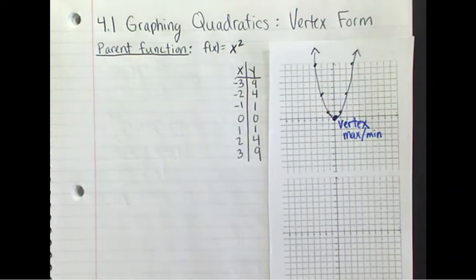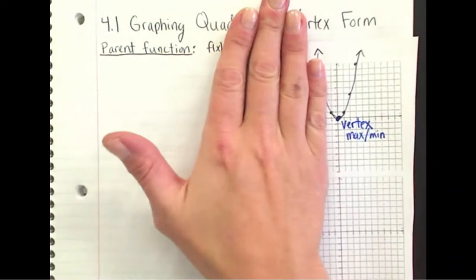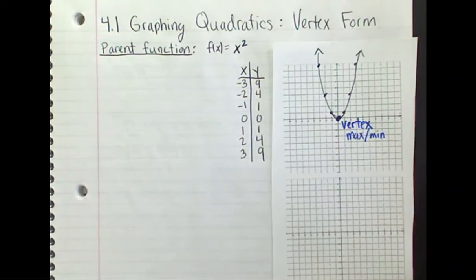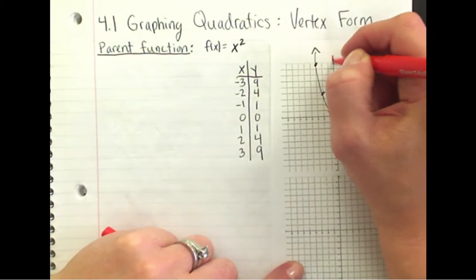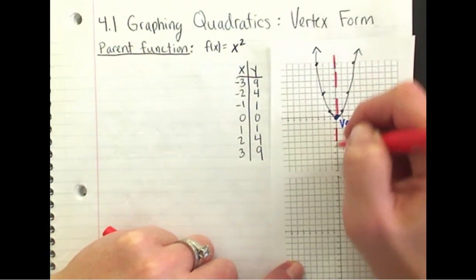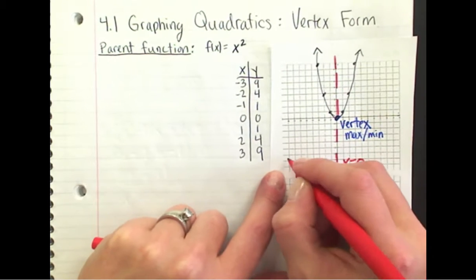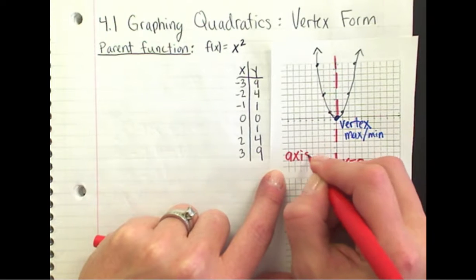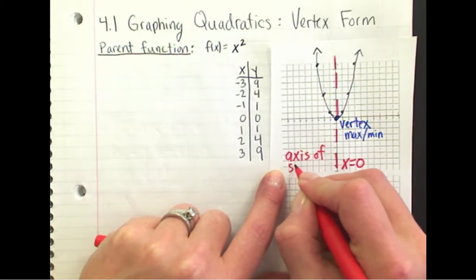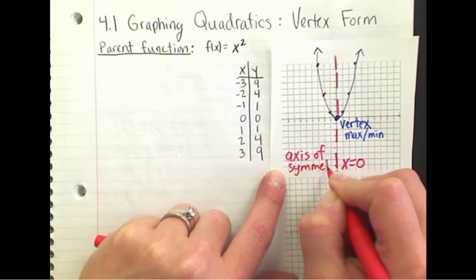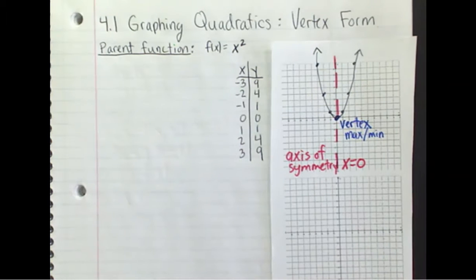I also notice that it seems as though the left half and the right half look the same. There is symmetry. This is your axis of symmetry, right down the middle of the graph.